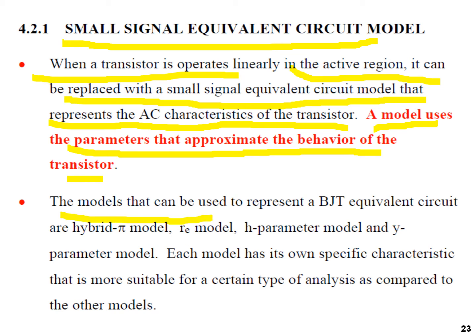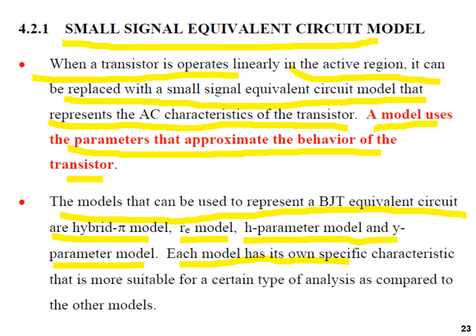The models that can be used to represent a BJT equivalent circuit are the hybrid pi model, re model, h parameter model, and y parameter model. Each model has its own specific characteristic that is more suitable for a certain type of analysis as compared to the other models. In this topic, we only focus on the hybrid pi model.